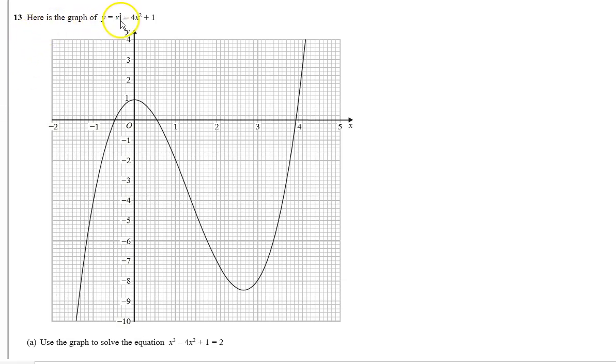Here's a graph of y is equal to x cube minus 4x square plus 1. Use the graph to solve the equation that it is equal to 2.